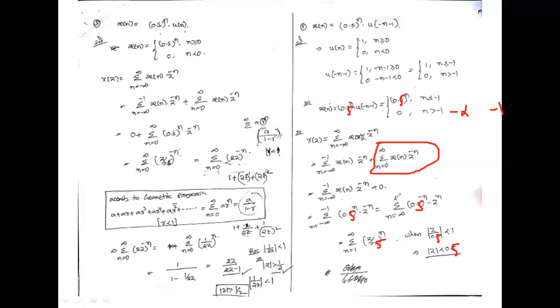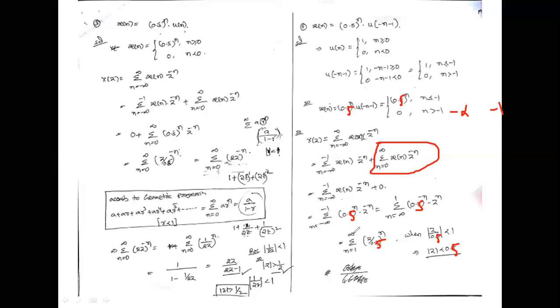So minus 1 becomes plus 1 here, minus infinity becomes plus infinity, and 0.5 whole power plus n becomes minus n, and here the z power minus n becomes plus n. So the limits change sign, and the power also changes in that summation.